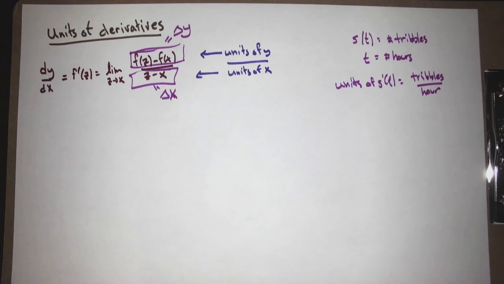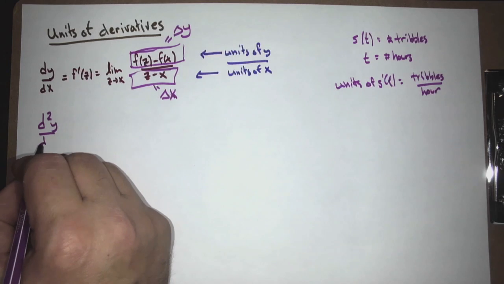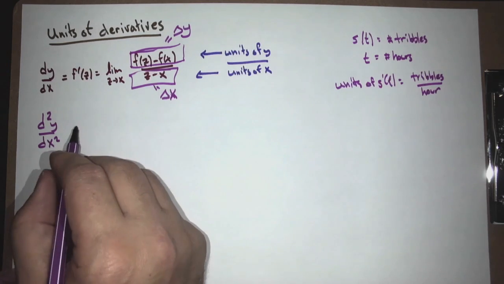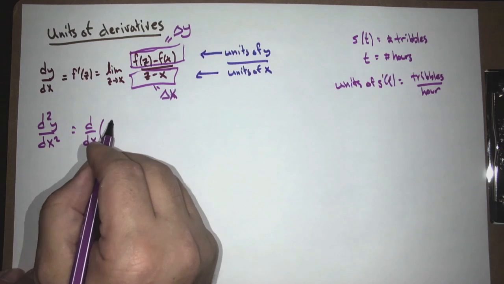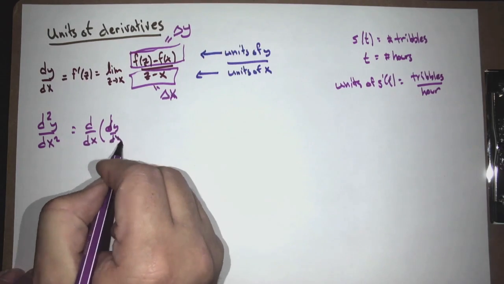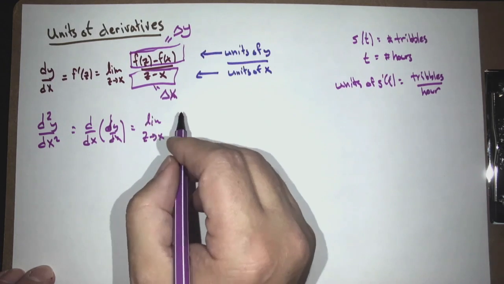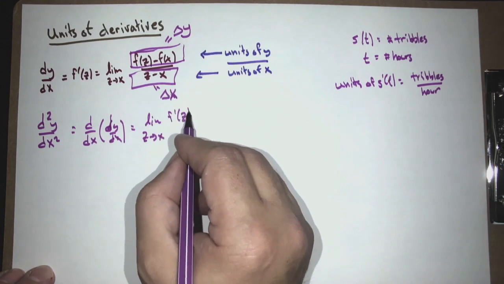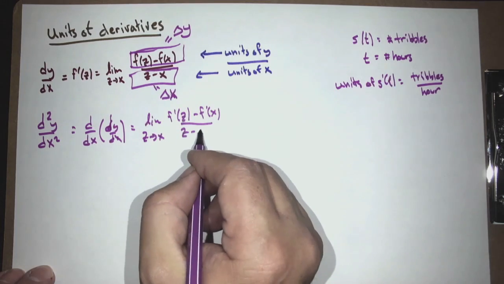Now that's the first derivative. What about the second derivative? Well, that's the derivative of the first derivative, right? And you can even go through it again and again and again. But it's f prime of z minus f prime of x over z minus x.